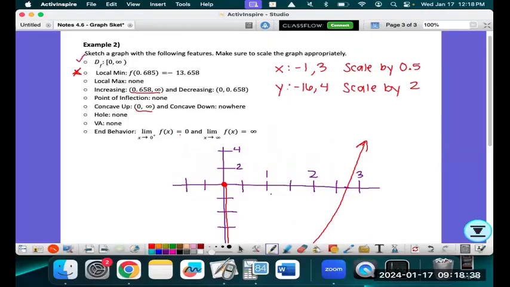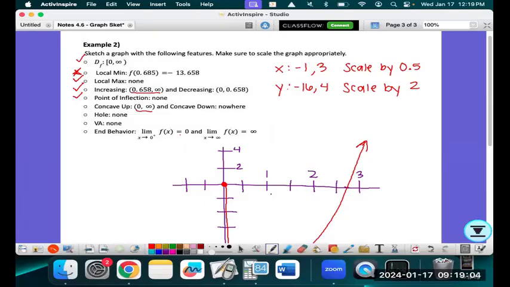Domain, yes, 0 to infinity. And the endpoint is defined, so we have the square bracket addressed. We have our local min plotted. Doesn't look like I have any local maxes, so that's good. Increasing and decreasing intervals are accounted for here. It's always concave up on my graph, so good. I'm not accidentally showing any points of inflection.